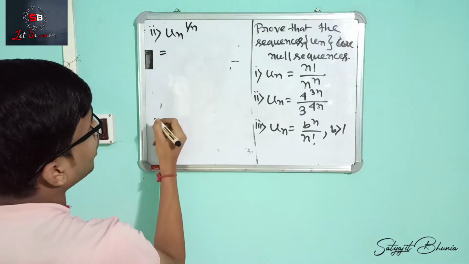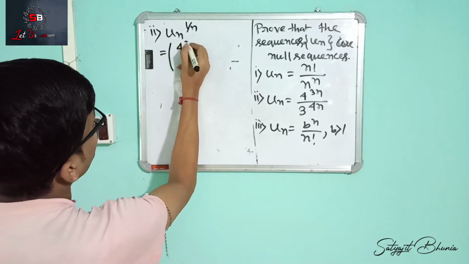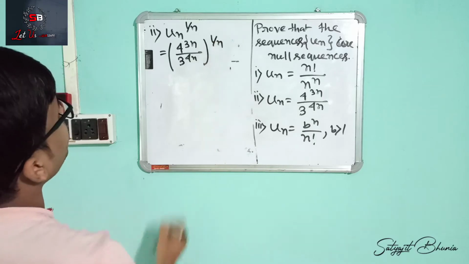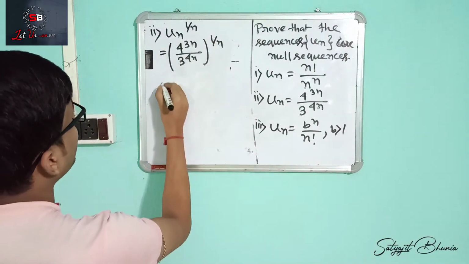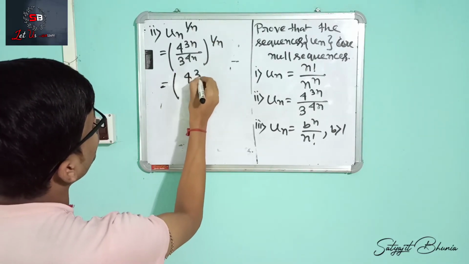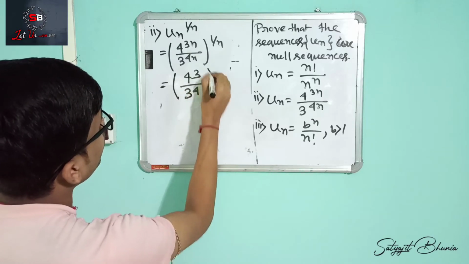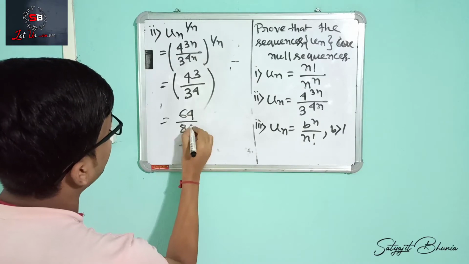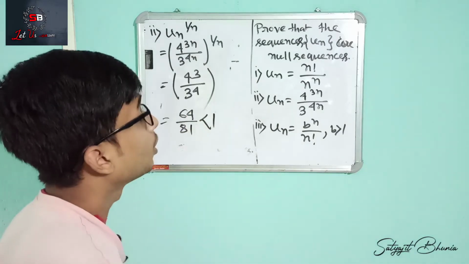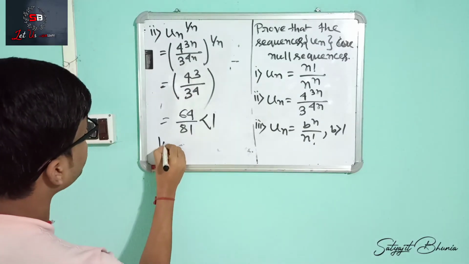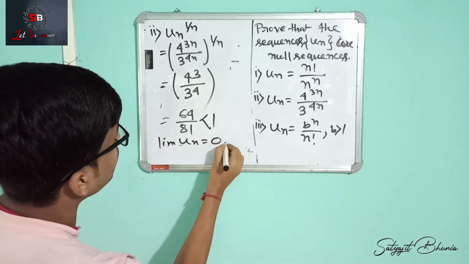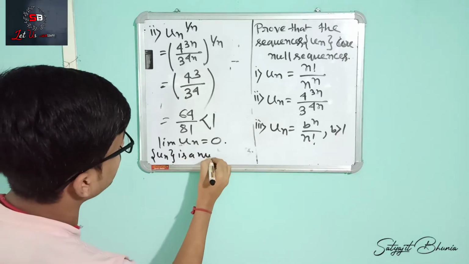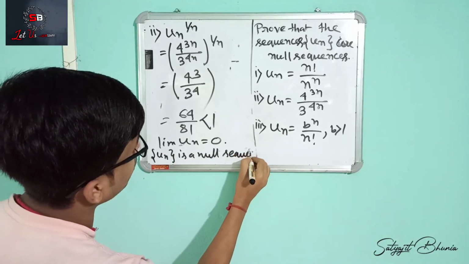What is the value of un to the power 1 by n? 4 to the power 3n, 3 to the power 4n, to the power 1 by n. So what is the value? 4 cube by 3 to the power 4, so 64 by 81, which is also less than 1. So limit un is equal to 0. So un is a null sequence.